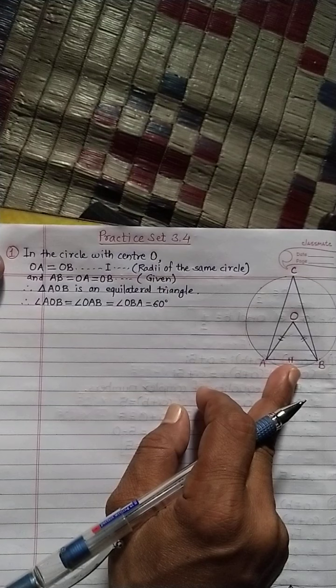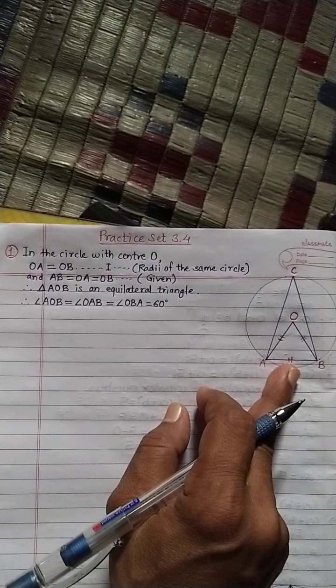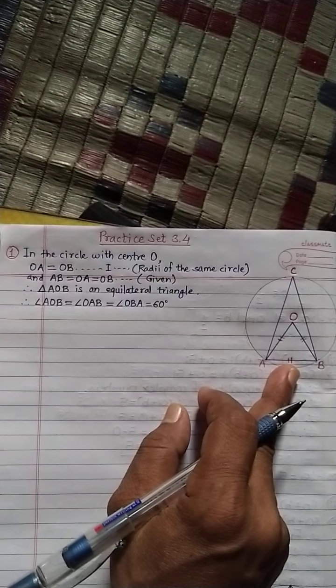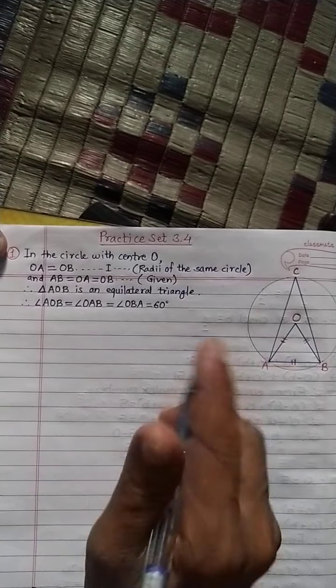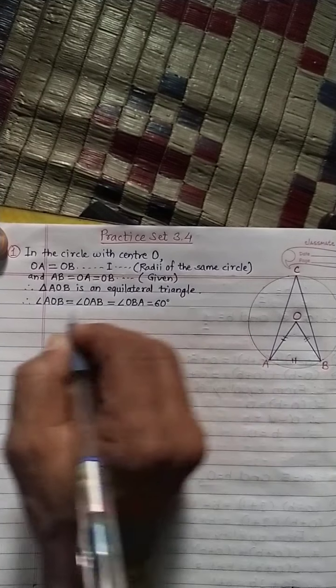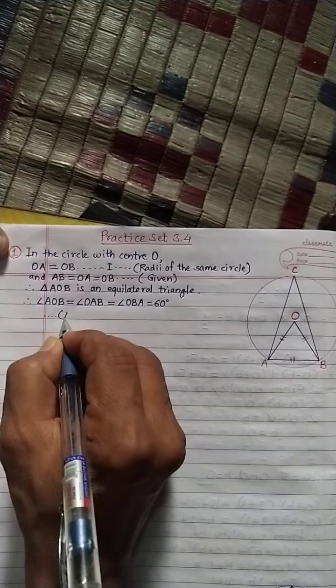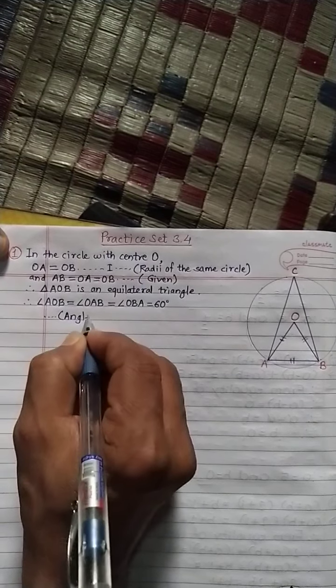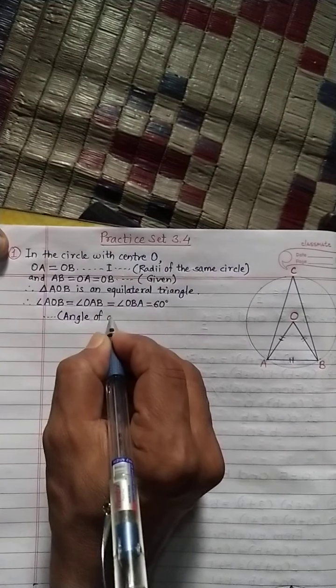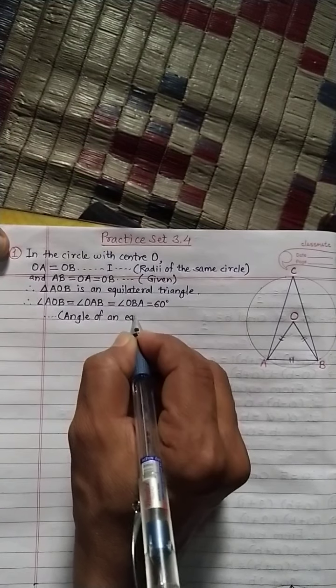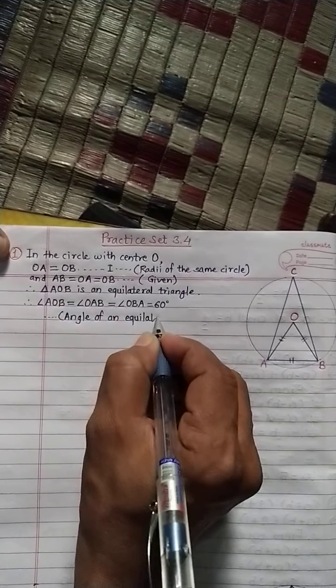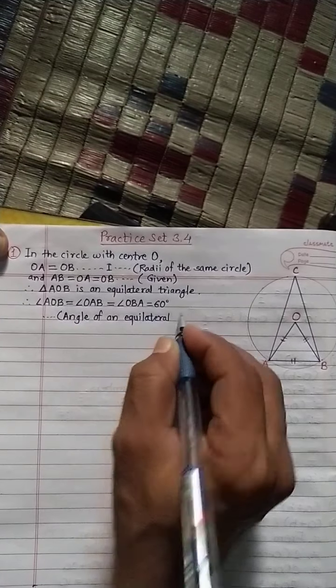The measure of the angle of an equilateral triangle is 60 degrees. So the reason is angle of an equilateral triangle.